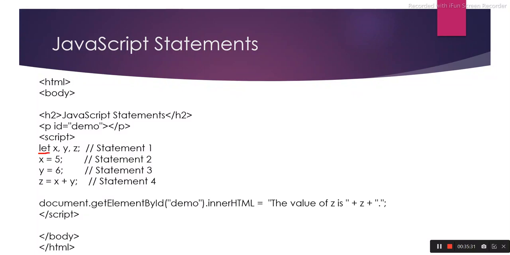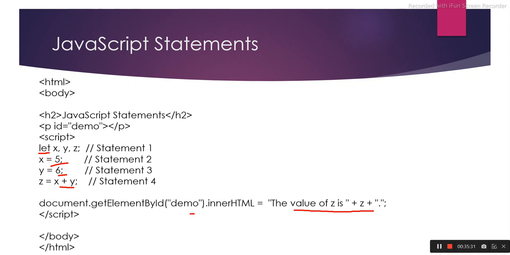One is let, the other one is var. This example shows only let x y z. Let x y z means there are three variables x, y, z. I am assigning some values here and I am doing a sum. Then I am printing the sum here. The value of z is plus z.